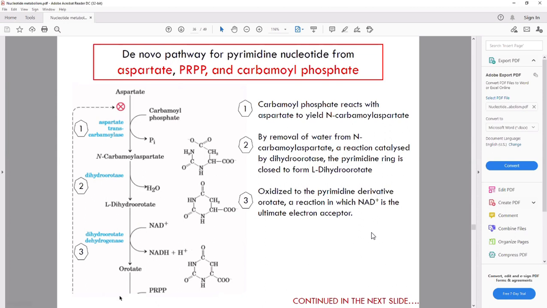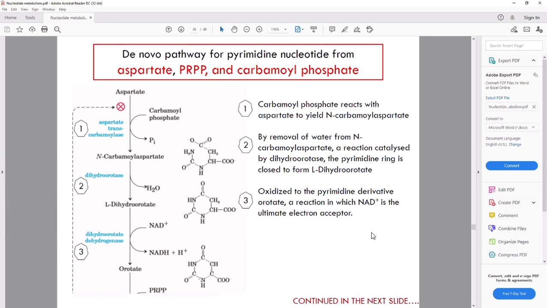Once it forms this orotate, we can see that we already have this six-membered ring, the six-ring structure. Once the six-membered ring is formed, it is going to be attached to ribose phosphate. So in the first three steps, you can see the ring closure.